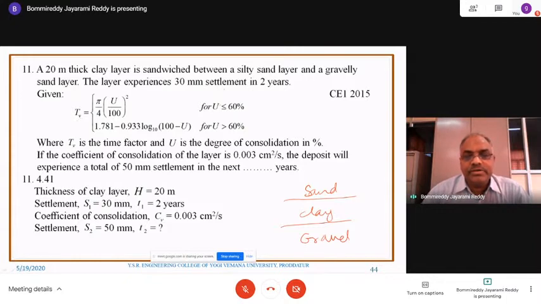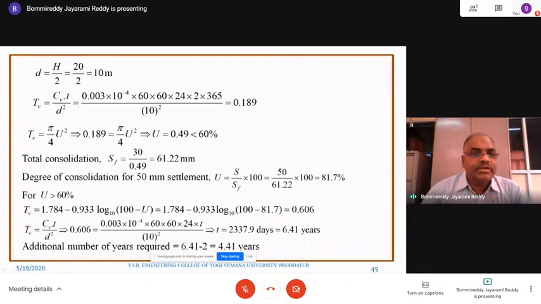If the degree of consolidation is less than 60%, everybody knows that Tv is equal to pi by 4 (U by 100) whole square. If the degree of consolidation is more, because it is difficult to remember, that's why the formula is also given along with the question. Already I told you this is double drainage and D equal to 10 meters. Using this formula, Tv equals Cv t by D square, you will get 0.189.